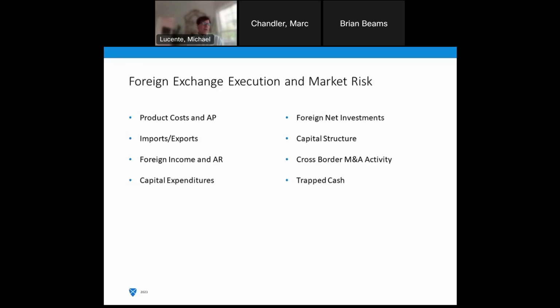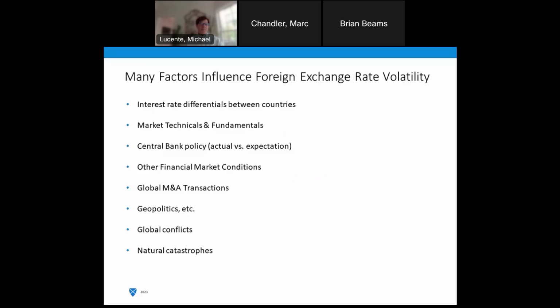You may have trapped cash. There are some countries like South Africa, as Mark mentioned, that are restrictive. The central bank in that country is restrictive of outflows in their currency. So it's not always easy to get access, but most markets are liquid.